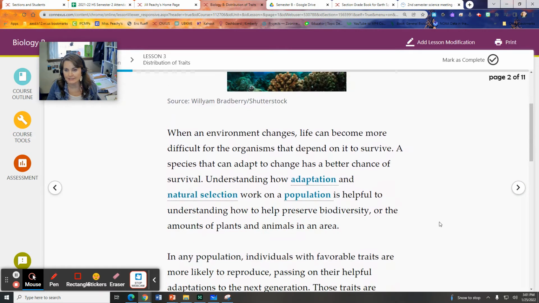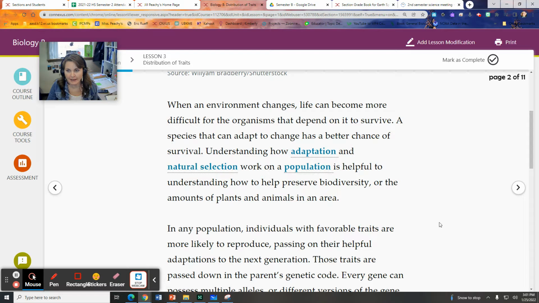All right, so this lesson begins with a discussion of how, as an environment changes, so too do the traits, right? The adaptations that help organisms to survive. We've talked about this. Adaptations are inheritable characteristics that help an organism to survive. They can be physical attributes or behaviors, but they increase survivability and the ability to find mates.